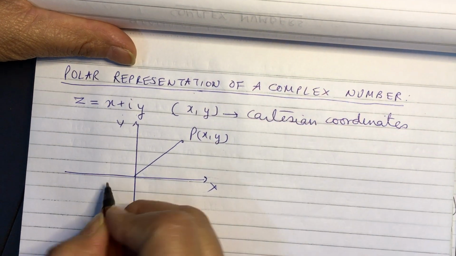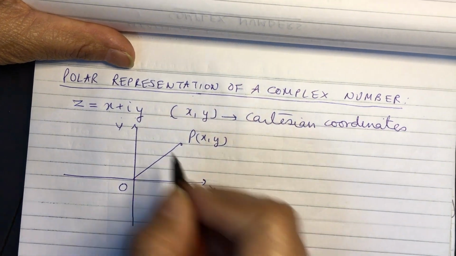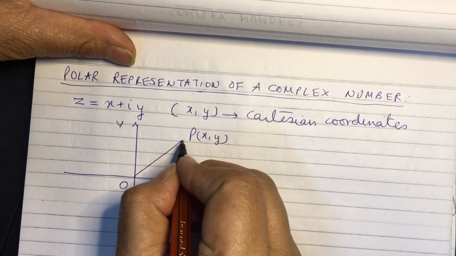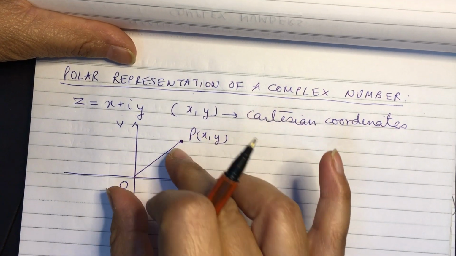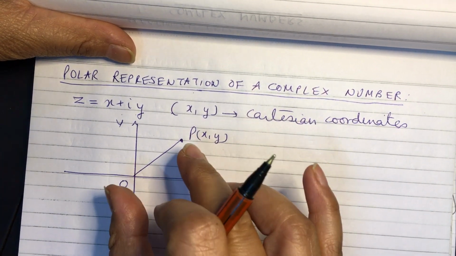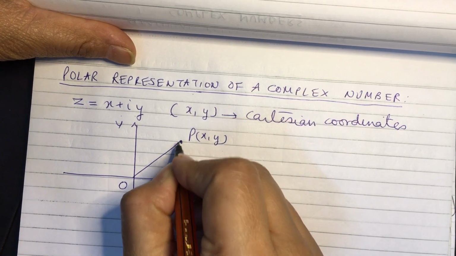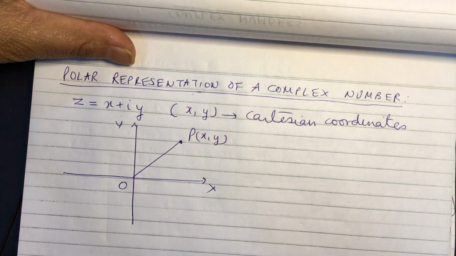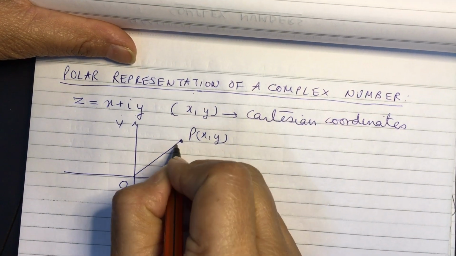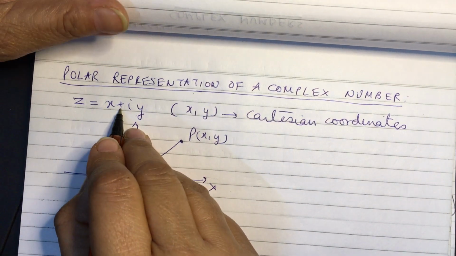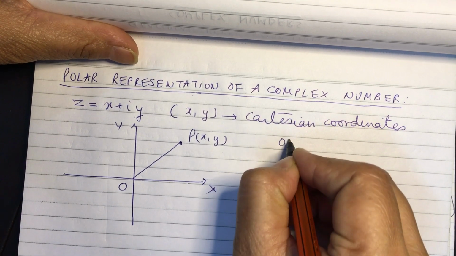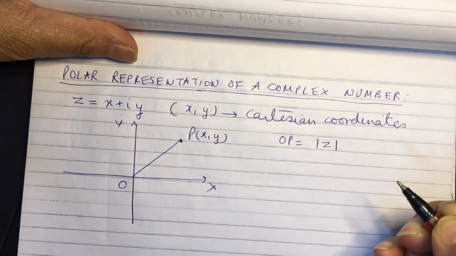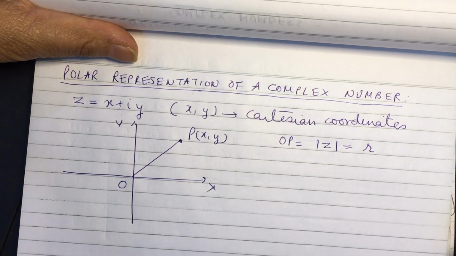You join this to the origin. The magnitude of OP is called the modulus of z, which we have just studied, that we call OP as mod z, and this we denote by r.